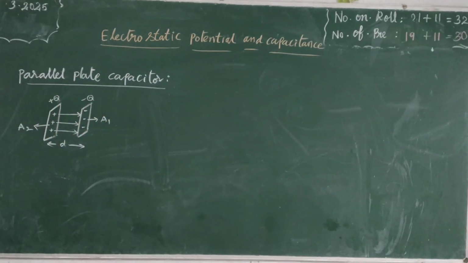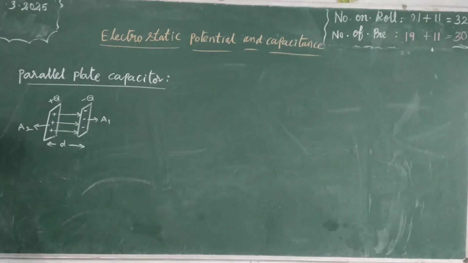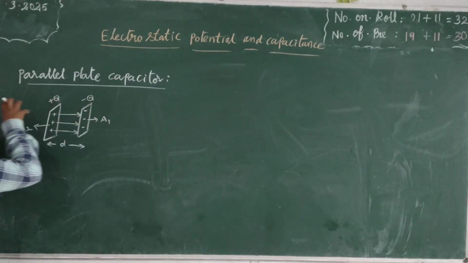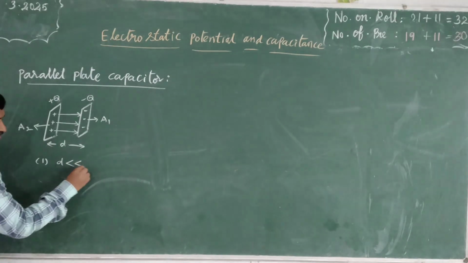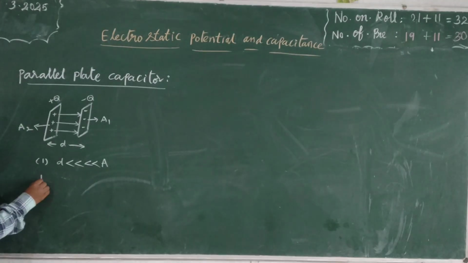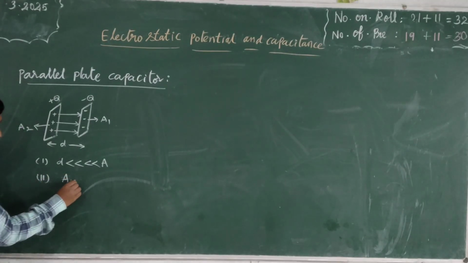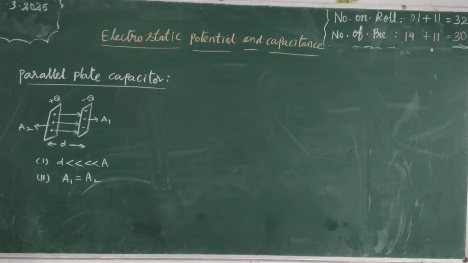Now, the parallel plate capacitor has plus Q charge and minus Q charge, its areas are A1 and A2, and the distance between the plates is d. We have two conditions. The first condition is that d is very much less than the area, and the second condition is that A1 equals A2. This means the areas of the plates are equal, and then only equal charge is distributed.